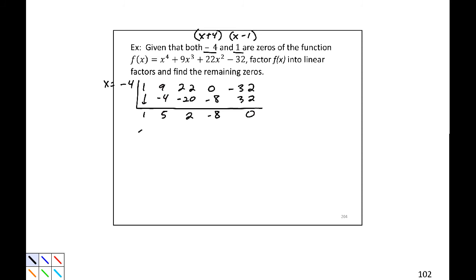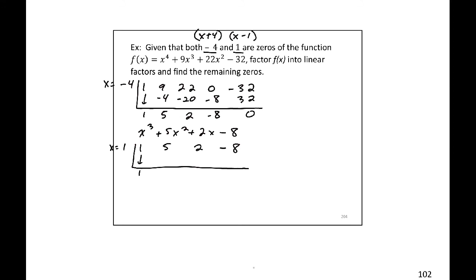So this is x cubed plus 5x squared plus 2x minus 8 with a remainder of 0, because we knew that negative 4 was a 0. Now we're going to synthetically divide again by 1. So bring down the coefficients, 1, 5, 2, minus 8, because we also know that 1 is a 0.